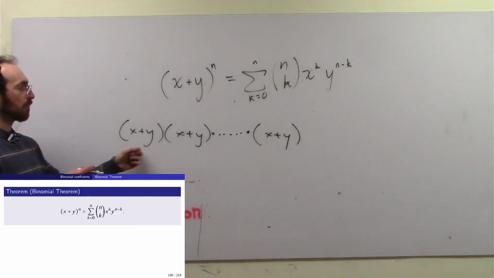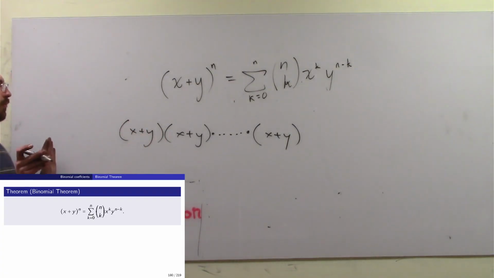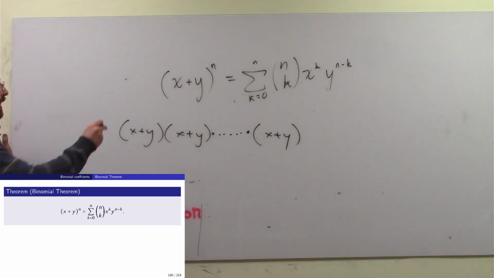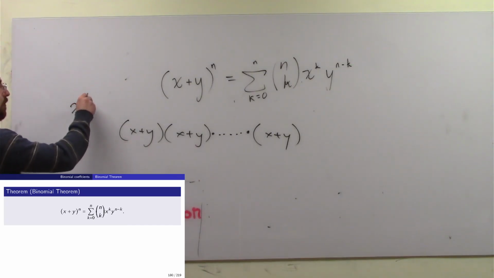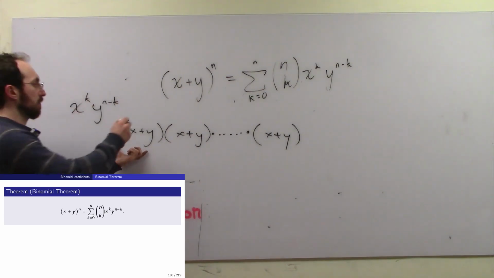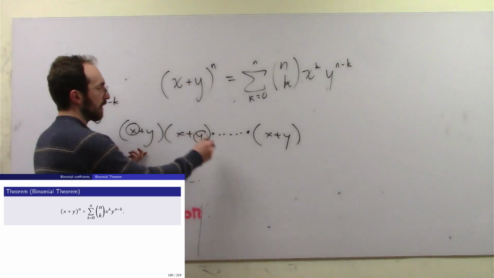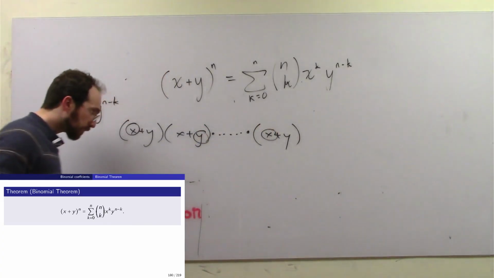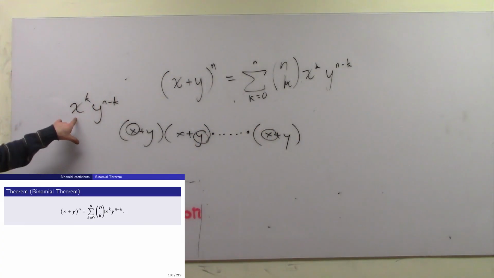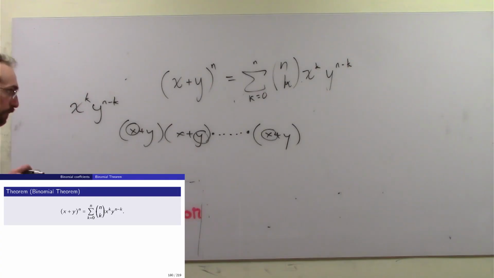When I multiply these out, I'm going to get a bunch of things going on, but for just this term, if I pick x from here, y from here, x from here, in such a way that I've picked k x's, then I've picked n minus k y's as well.